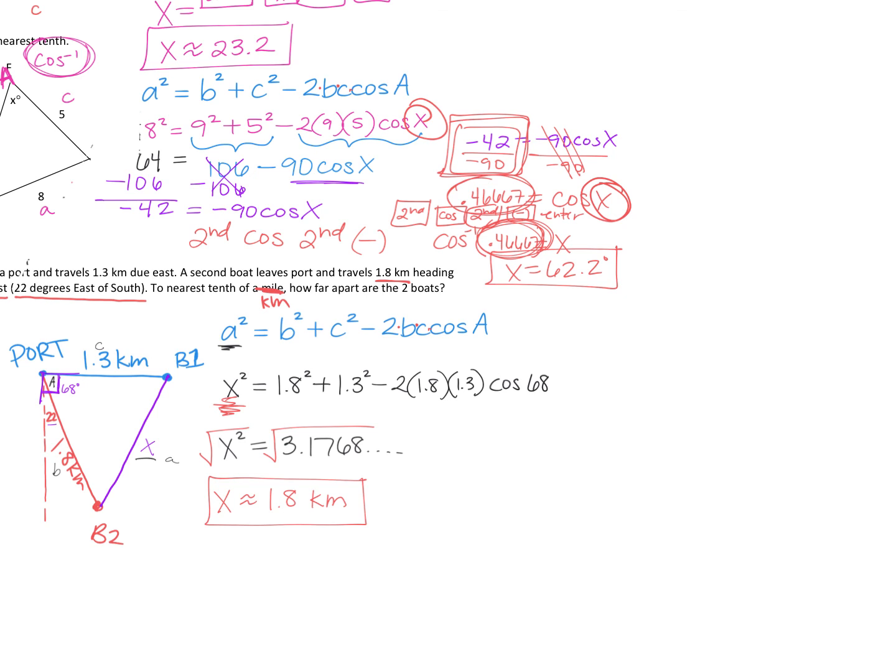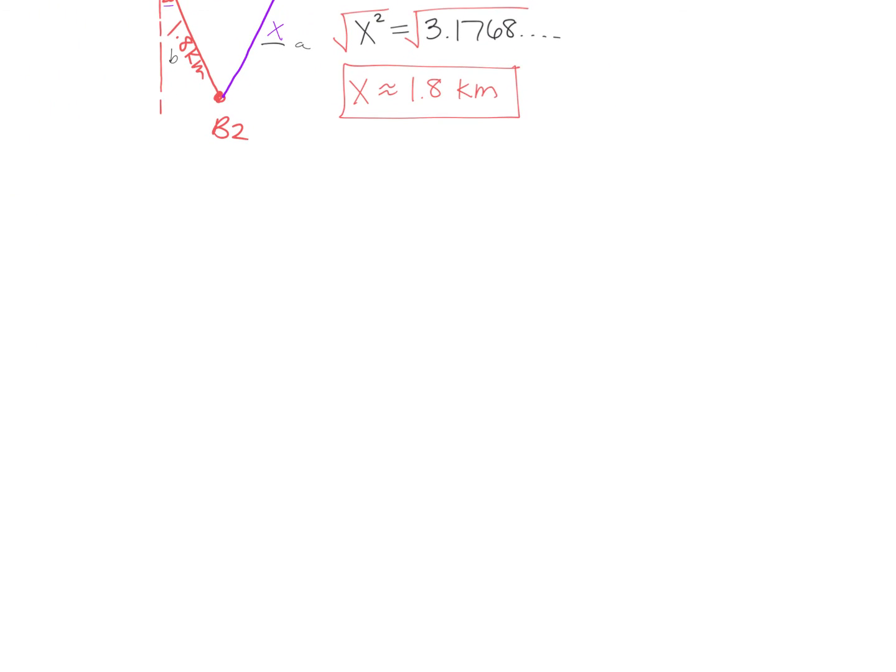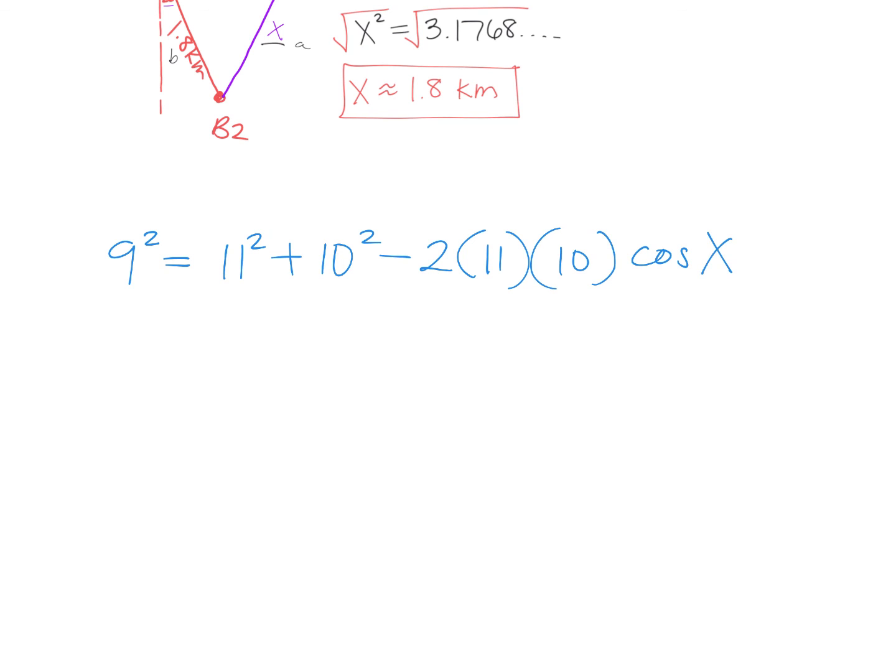Okay, I'm going to show you one more of the angle ones just so we can do the algebra. So I'm not even going to set the triangle up for you. I'm going to say we already set the triangle up, and here's what we plugged in, and then we're going to simplify and see how you do. Okay, so here it is. 9 squared equals 11 squared plus 10 squared minus 2 times 11 times 10 times the cosine of x.